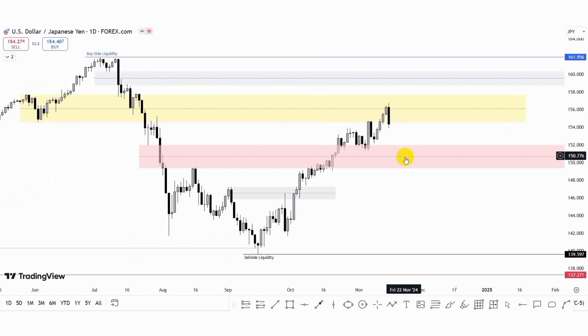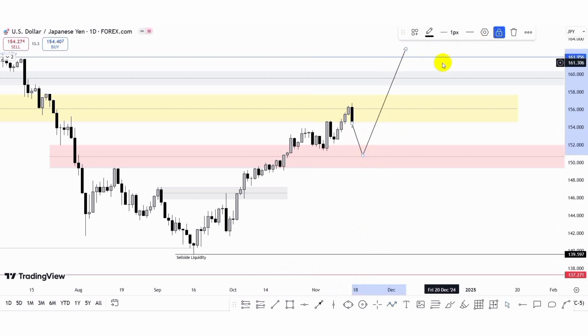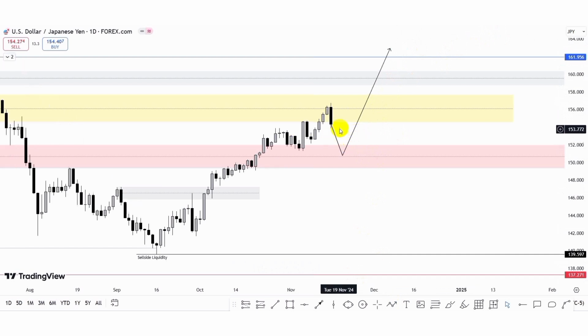So this is our weekly inversion fair value gap. So I'm expecting to see the drop of price to the downside, and then we have our bullish continuation to the upside. So in the lower time frame, you can begin to frame your entry based on the structure you're going to see in the lower time frame to actually take the bullish move of price to the upside.